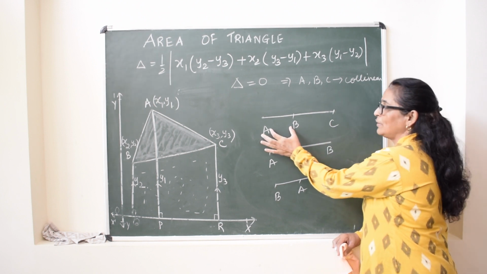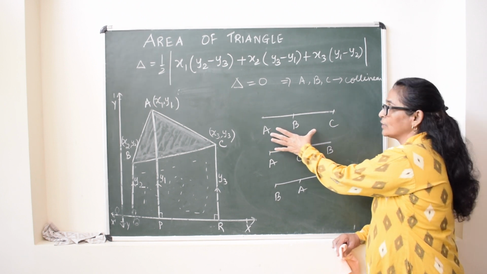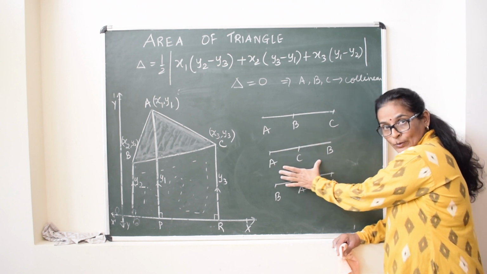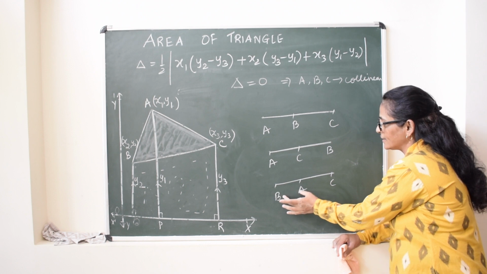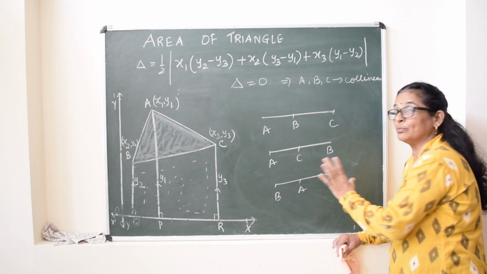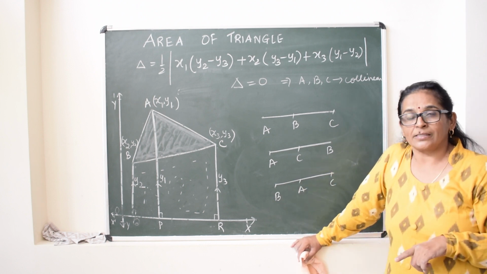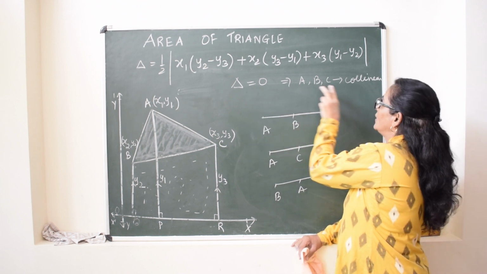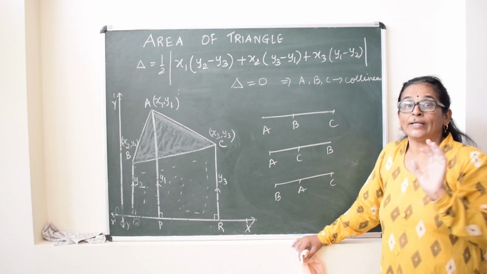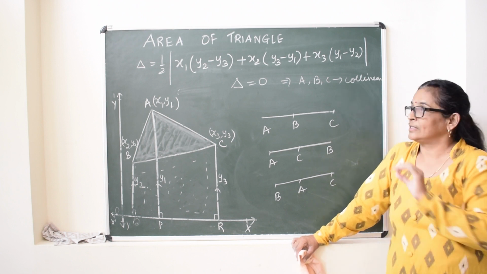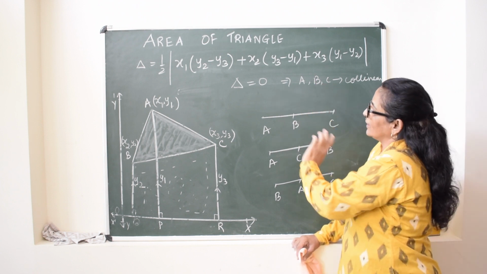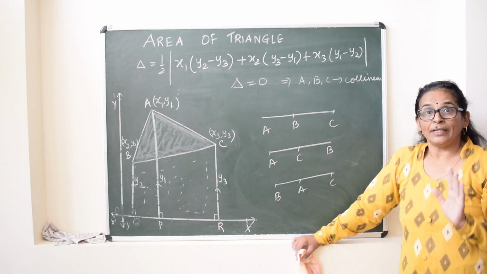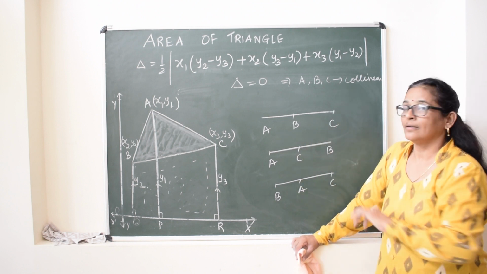That will be AB plus BC equals AC in this case. In this case, AC plus BC will be equal to AB, or in this case, AB plus AC will be equal to BC. So by applying the distance formula or by proving the area of the triangle is 0, we can prove that the points are collinear. So this we have seen: the area of a triangle and the conditions for the points being collinear in the Cartesian system.